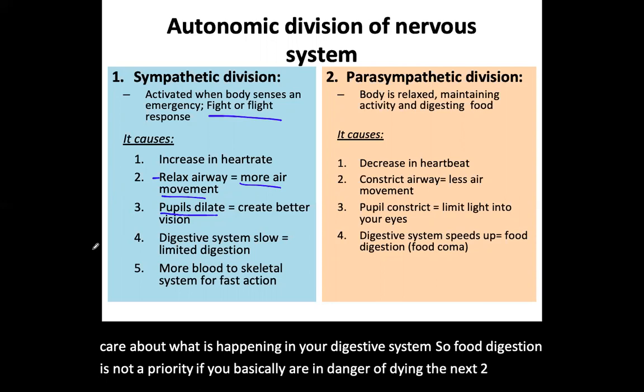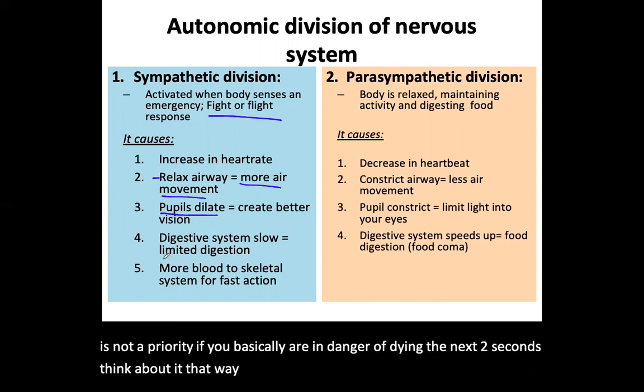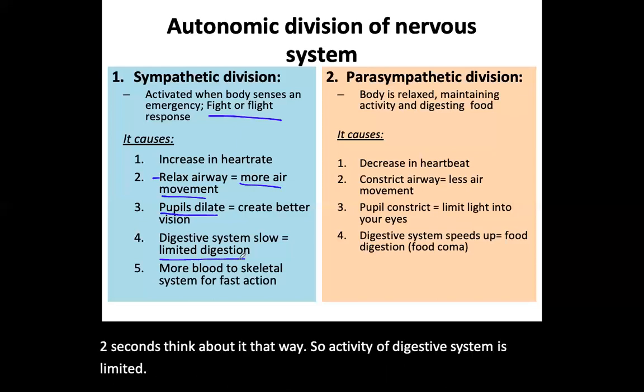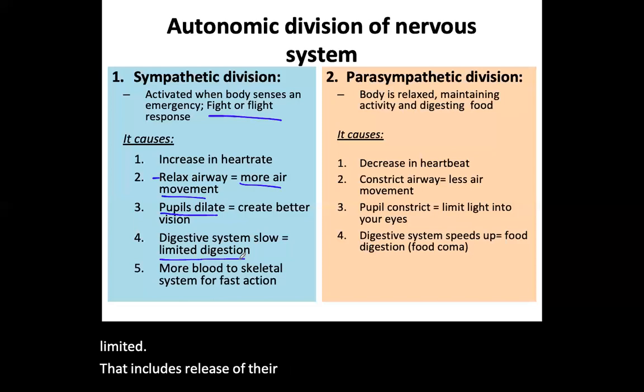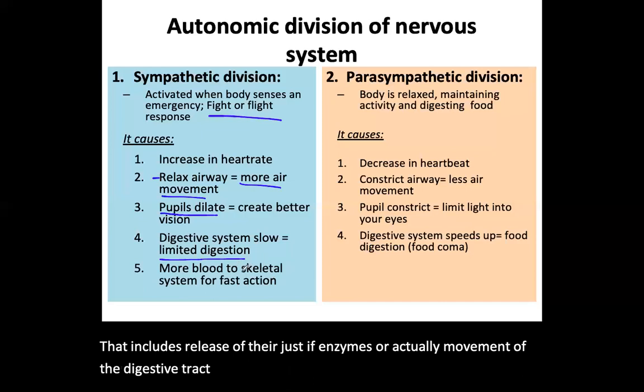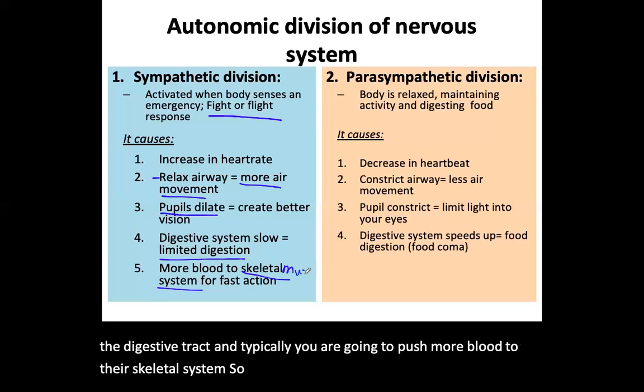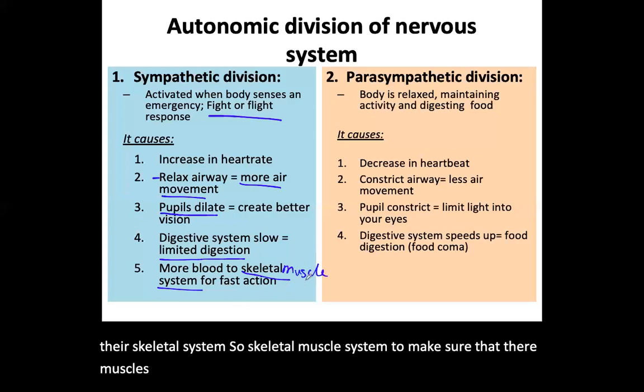Think about it that way. So activity of the digestive system is limited. That includes release of digestive enzymes or actually movement of the digestive tract. And typically you are going to push more blood to the skeletal muscle system to make sure that the muscles can take the proper action and move properly.